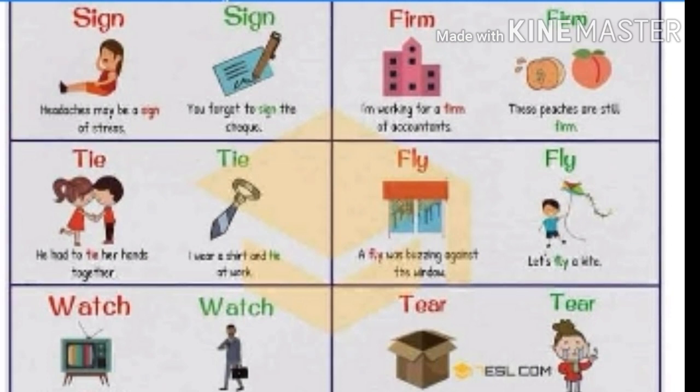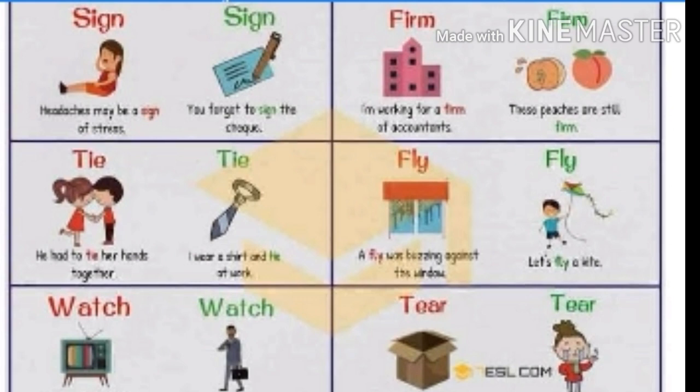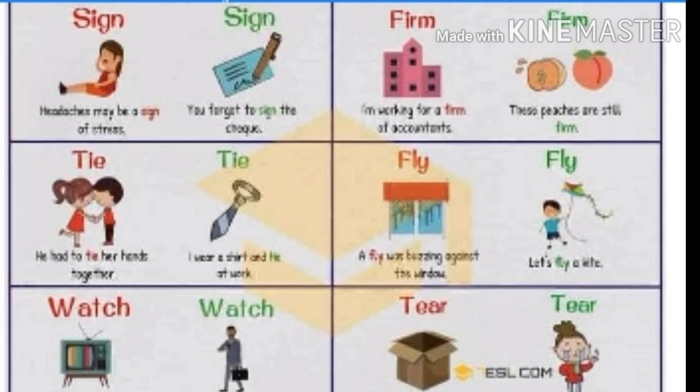Okay students, but their meanings are completely different. Such words are spelt, meaning their spelling and their pronunciation is the same, but can have different contextual meanings. So students, contextual means depending on the event or the statements. And they are used as different parts of speech.